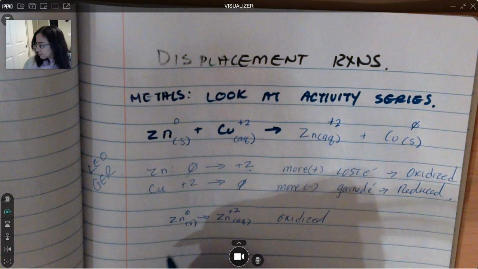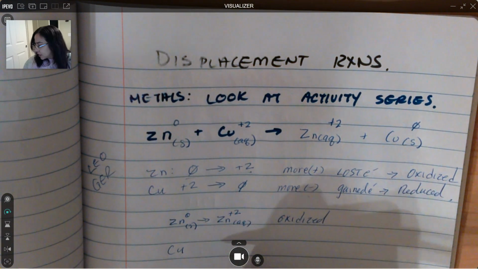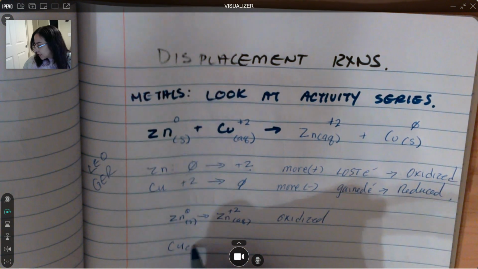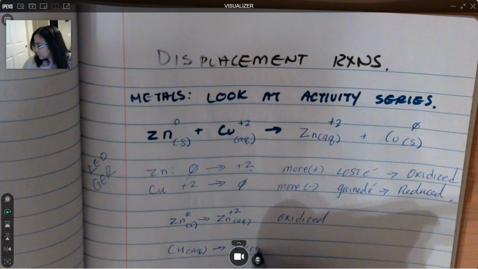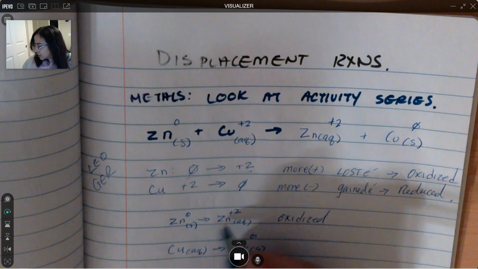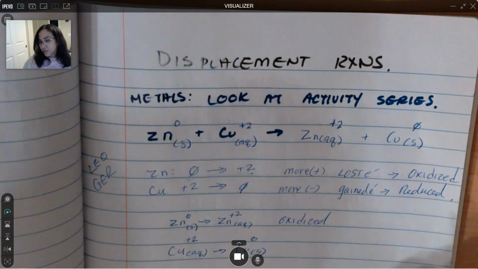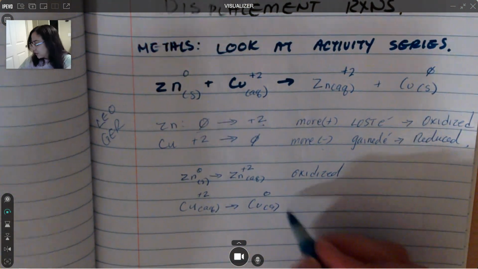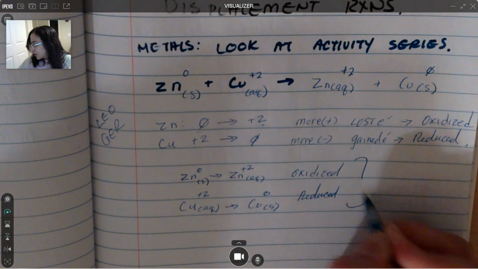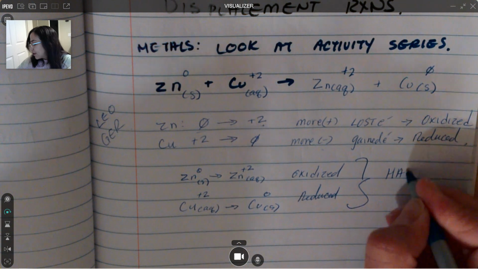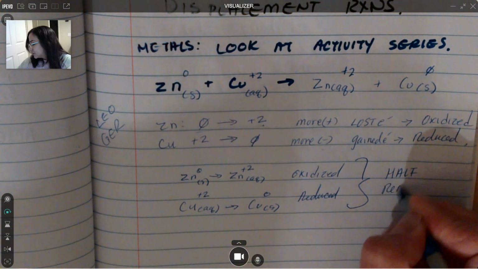And you would do the same thing for your copper. You would say, all right, copper started as aqueous, and then copper turned into a solid. And these are the charges right there. And then you would write down reduced. So this is the actual proper way of writing half reactions.